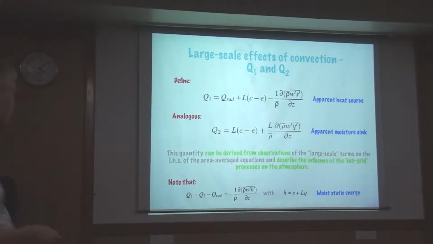The other question I had was: is it convection or other processes? Of course, the equations don't know what the condensation is, what the evaporation is, and what the subgrid scale vertical transports are. So for the purpose of these lectures, since we're thinking about convection, we will assume that most of the condensation, most of the evaporation, and most of the vertical transport by these subgrid scale fluxes is done by convection.